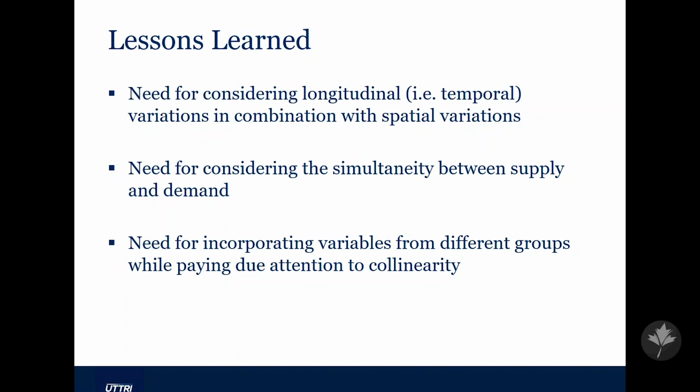But of course, paying attention to the issue of collinearity, because you can include multiple independent variables that might be correlated with one another, which might cause some bias and some issues with the model itself, resulting perhaps in counterintuitive signs or whatnot. So those are the key lessons that we learned from the literature review.